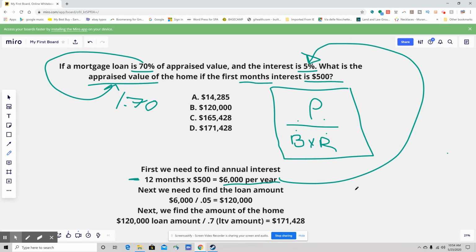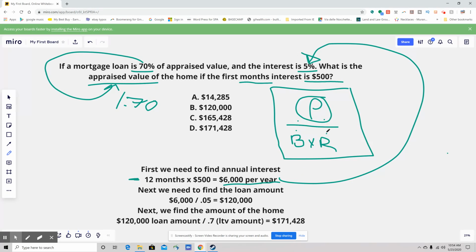So here's what we know, right? And we're talking about just the loan right now. So if we're looking at our part over the base times the rate formula, we have our slice of the pie, which is much smaller than the whole pie, and that's going to be identified as the part. And then we have a rate.